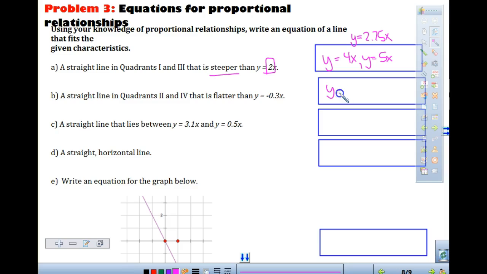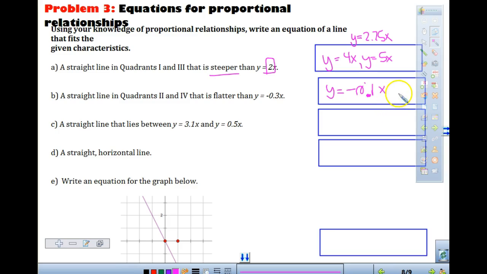So give me your answers, Nikita. I'm looking at y equals -0.1. Did you have an x with it? Yes. -0.1x, you said, right? Not 0.01. 0.1x. Another one. Alex.